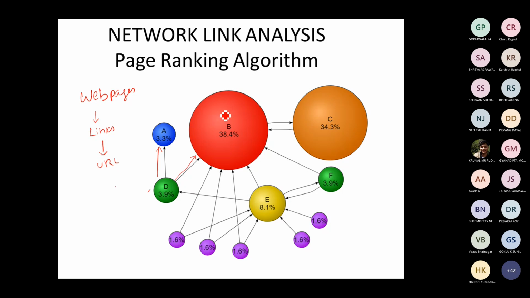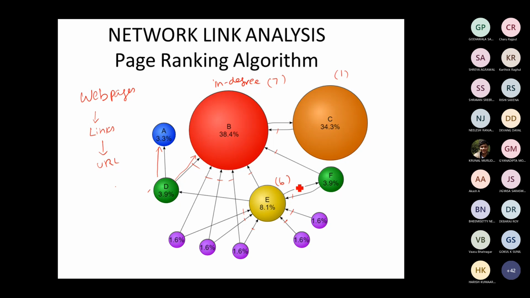It doesn't mean the page which has the highest in degree is the top one. What is the in degree of this B? 1, 2, 3, 4, 5, 6, 7. 7 in degree is there. You see, this C is having only 1 in degree. E is having how many in degrees? 1, 2, 3, 4, 5, 6. 6 in degrees are there.